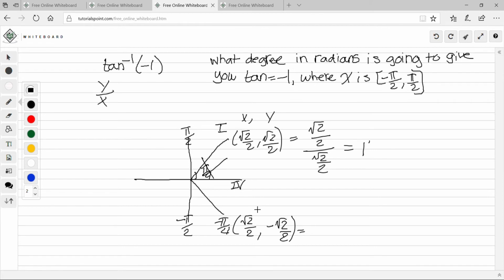So when you take the tangent of that, here's your x and here's your y, it's negative root 2 over 2 divided by root 2 over 2, and that gives you -1, right? We want -1, so our only option is negative pi over 4. So our answer is negative pi over 4.